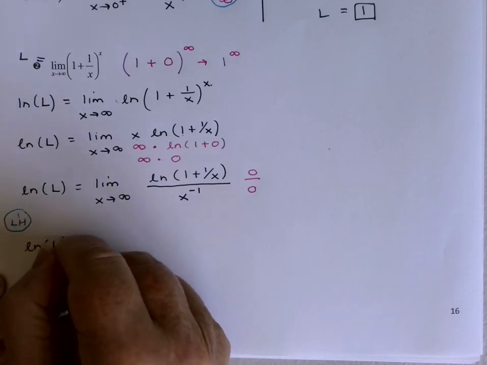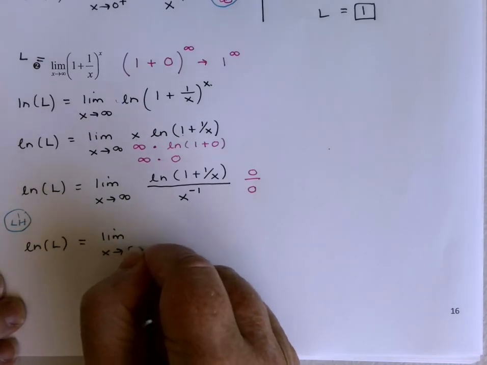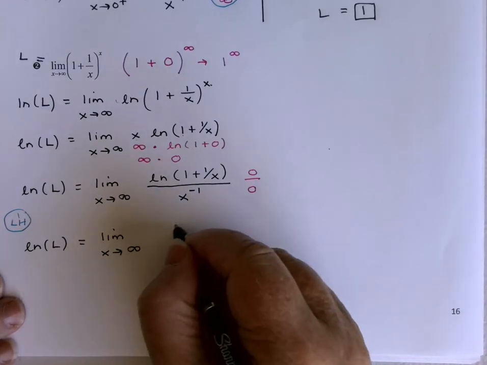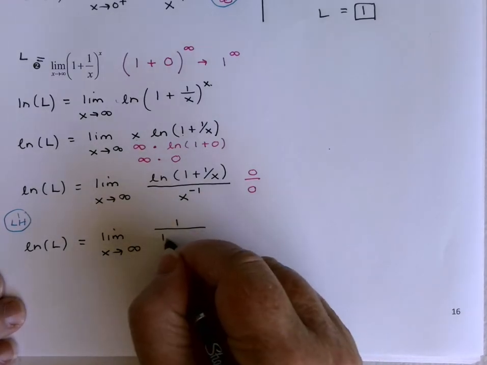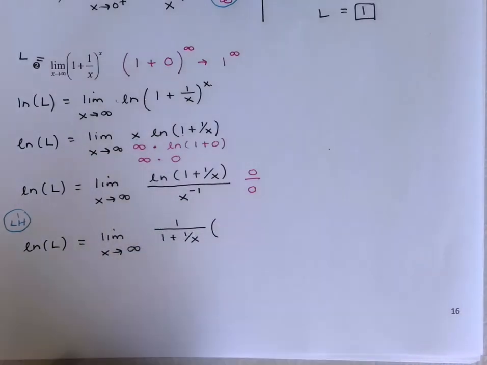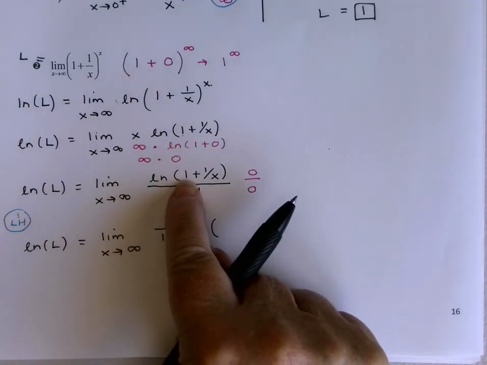So ln of my limit L is equal to the limit as x goes to infinity. And here's my L'Hopital's rule. The derivative of the top would be 1 over 1 plus 1 over x times, chain rule, I have to take the derivative of what's inside here. Derivative of the 1 is 0.